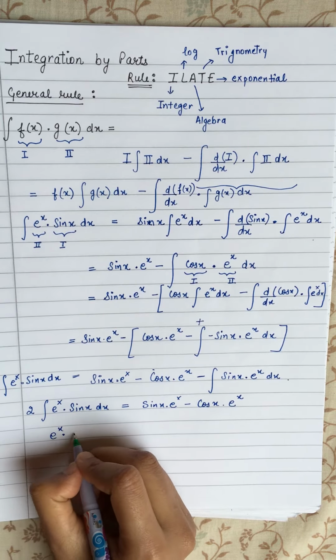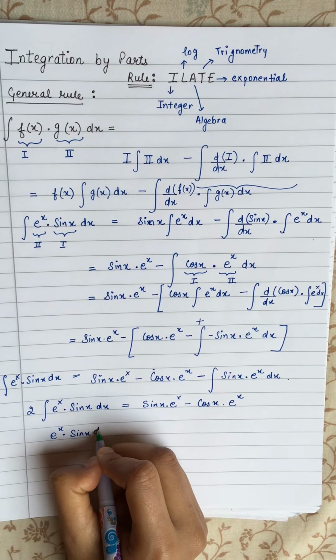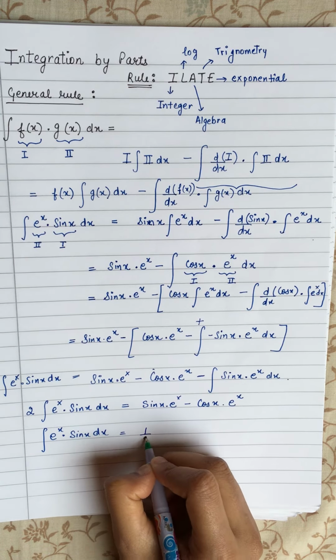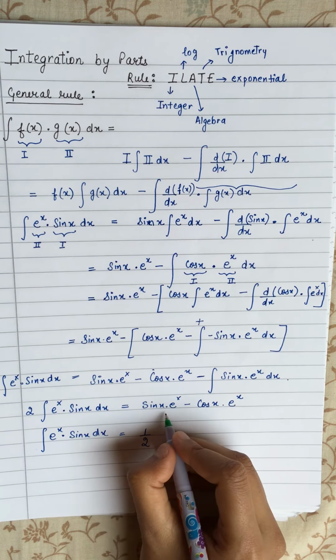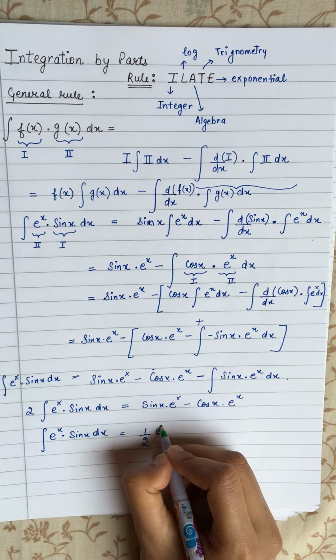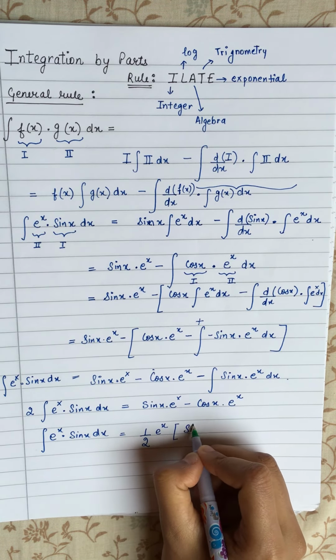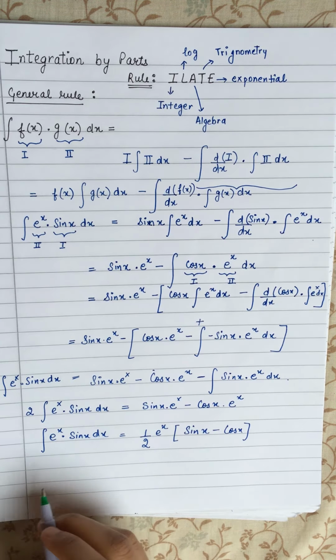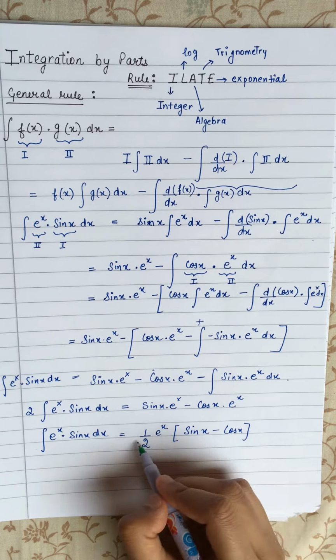What was our question? Write that down on the left hand side. This 2 will go to the right hand side and become 1 by 2. From the right hand side we can take out e^x and we will be left with sin x minus cos x. So from this equation we found this is our answer.